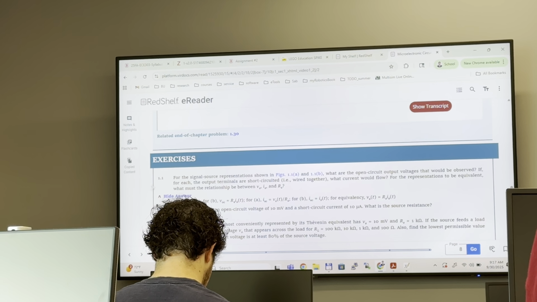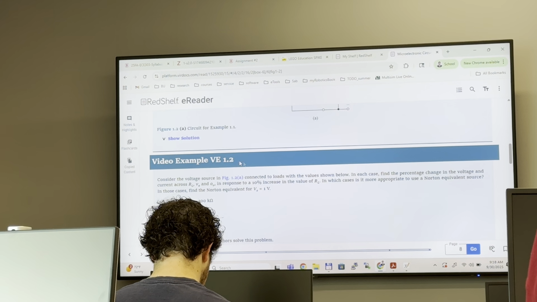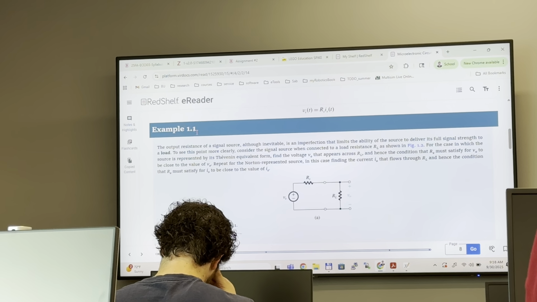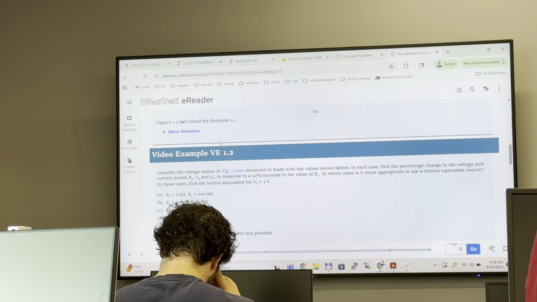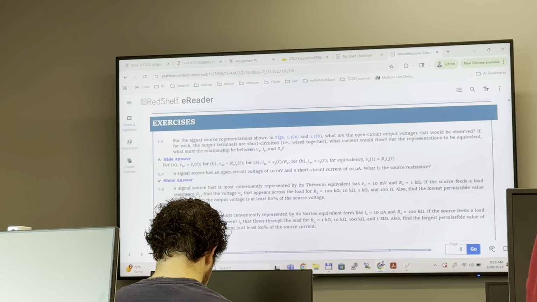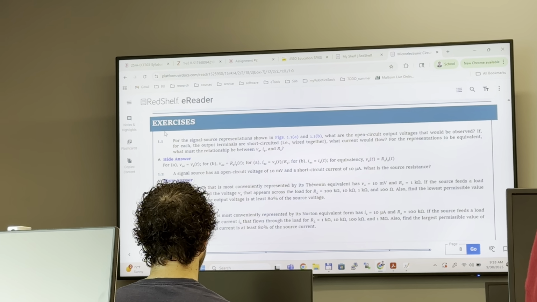Now, this exercise, video example V1.2, for example, or example 1.1. What I did, using this convention, example 1.1, VE 1.1, and then exercise 1.1, things like that, and then end of chapter problems.